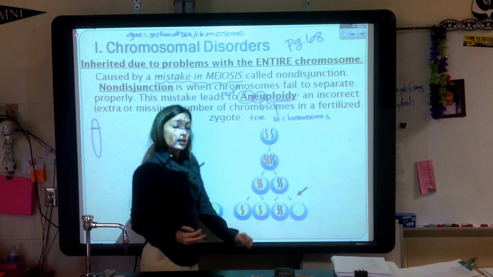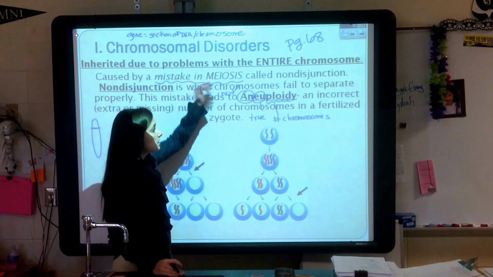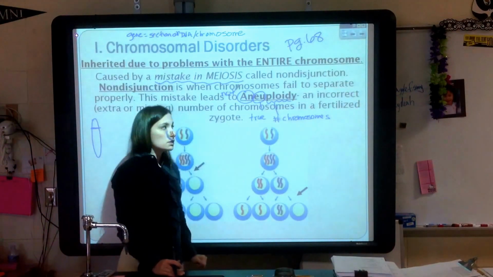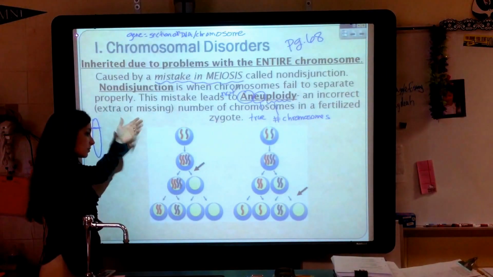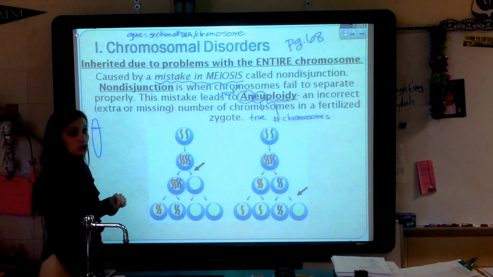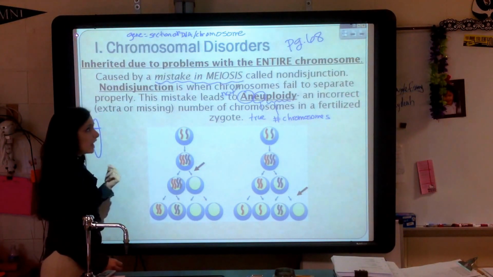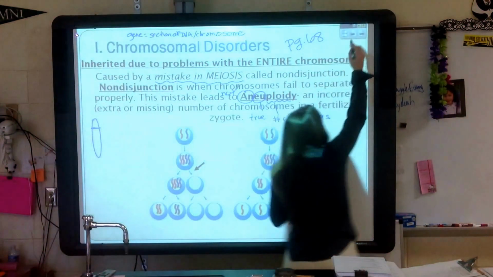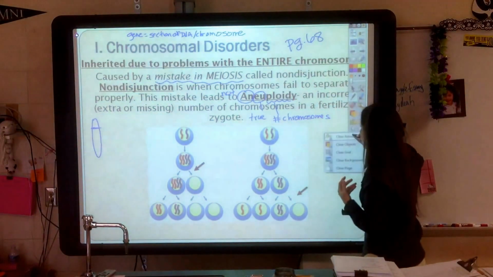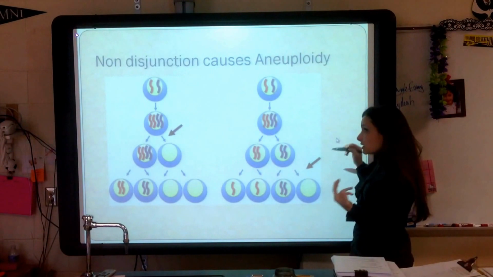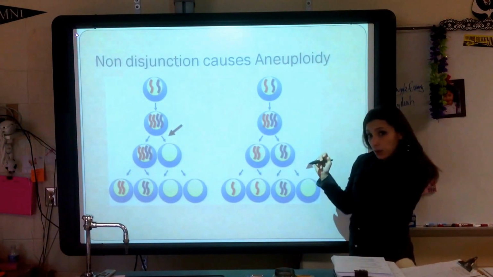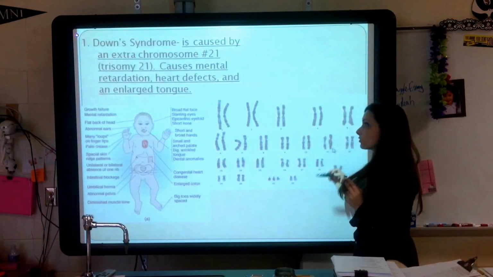So the word aneuploidy literally means not true number of chromosomes. So you have an incorrect number. You're either missing some or you have extra chromosomes. And what this means is that you have extra of many of your genes. So non-disjunction causes aneuploidy. That's something that we need to remember.